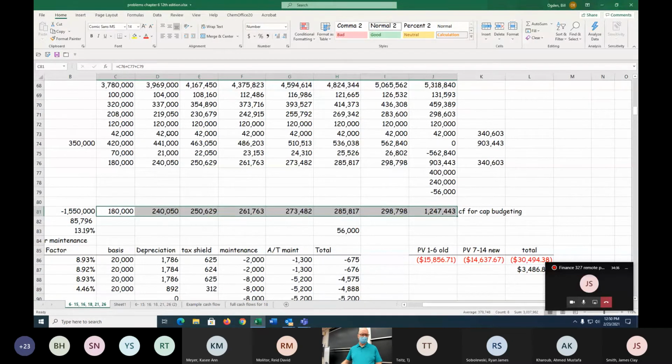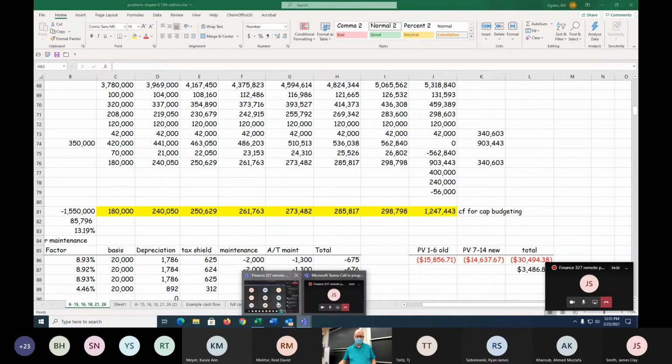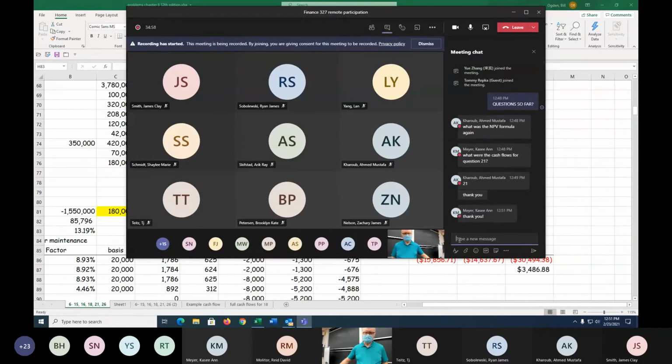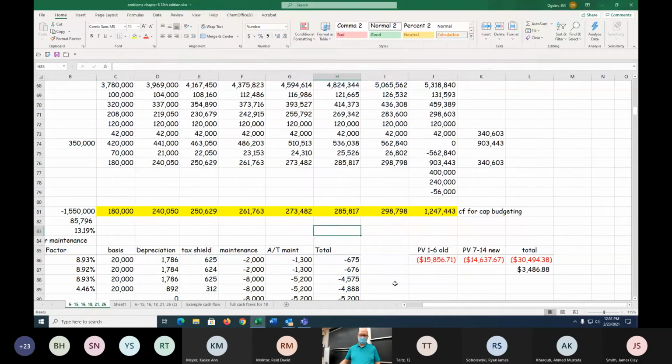It's about the best I can do. So these are your cash flows. I'm not sure what this is. All right, we good then? Okay. All right, sounds good.